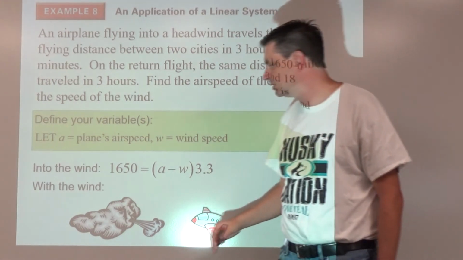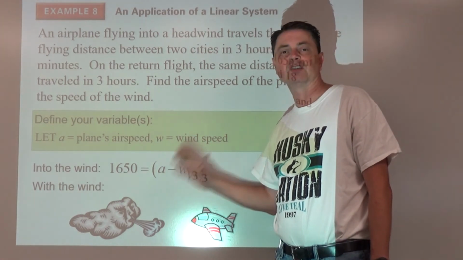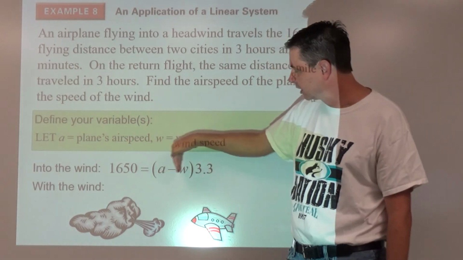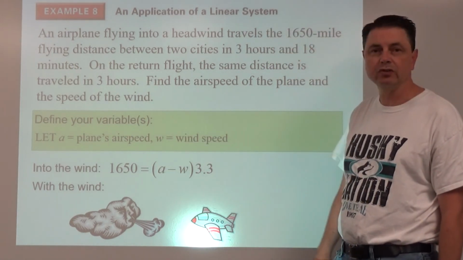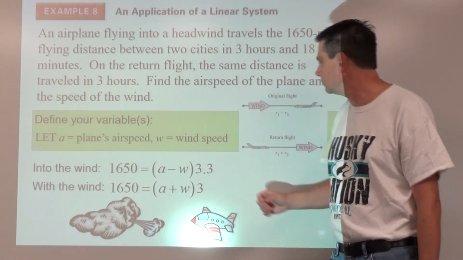Now with the wind, same distance. This time the wind is pushing us from behind, making us go faster. So it's A plus W times 3. So there's our system.